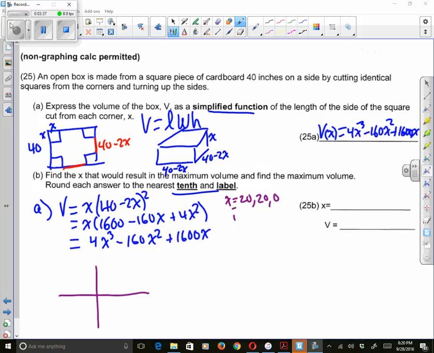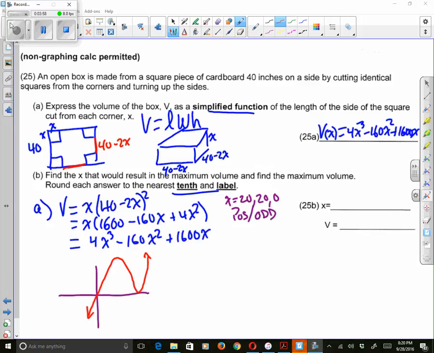This is a positive odd. So my graph is going to come down from the right. It's going to bounce at 20. It's going to come up. It's going to come back down. And it's going to come through at 0. It looks like this. Okay?